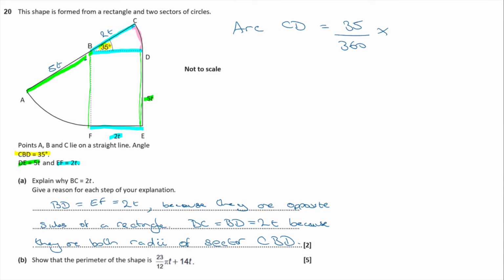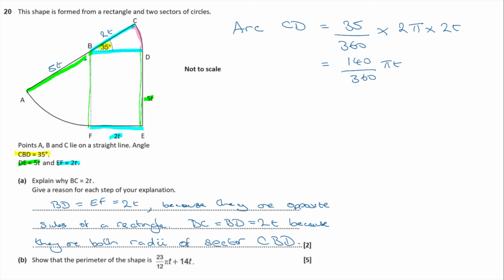So an arc is a fraction of a circumference, and the formula for a circumference of a circle is 2 pi r. So 2 times pi times the radius, which in this case is 2t, isn't it? Okay, just combining all those numbers in the numerator. 35 times 2 times 2, double 35 is 70, and double it again is 140. So that gives me 140 over 360 lots of pi t. Okay, so that's arc CD.